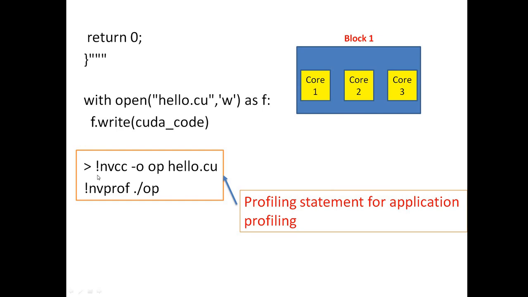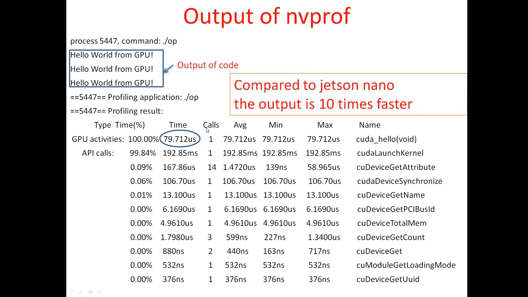Now you can simply say !nvcc -o hello hello.cu to compile this program from the cell. Then you can run the profiling like we did earlier. We can profile the output program using this particular command too. After profiling, we found it is taking only 79 microseconds, almost 10 times faster than it took on the Jetson Nano in the previous video.